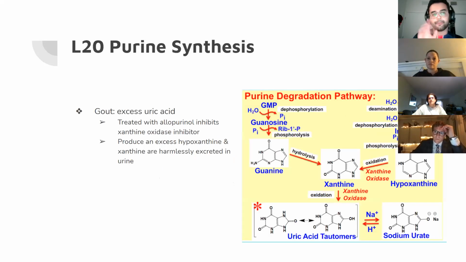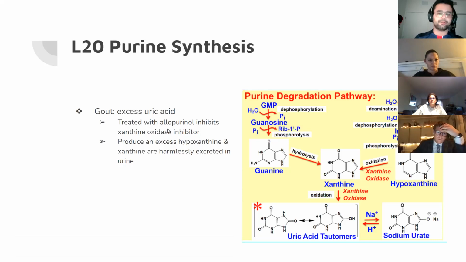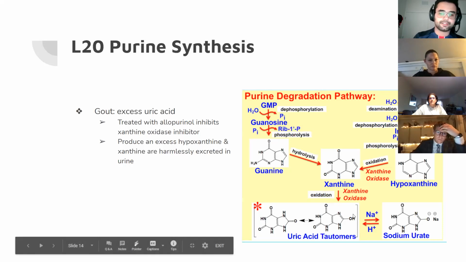So this is your more medically relevant stuff. Gout is actually an excess of uric acid. You're already seeing a lot of these different chemicals, our GMPs, our IMPs, our xanthines, right? Gout is usually treated with allopurinol, which inhibits xanthine oxidase.